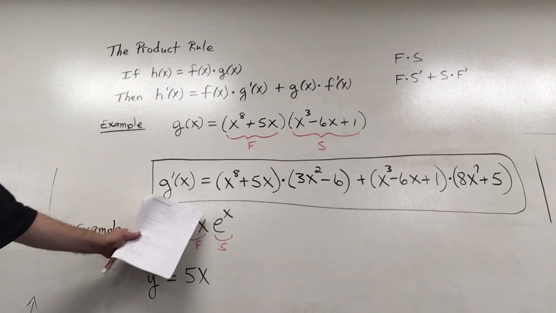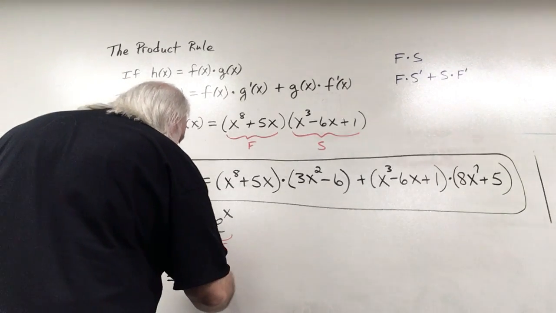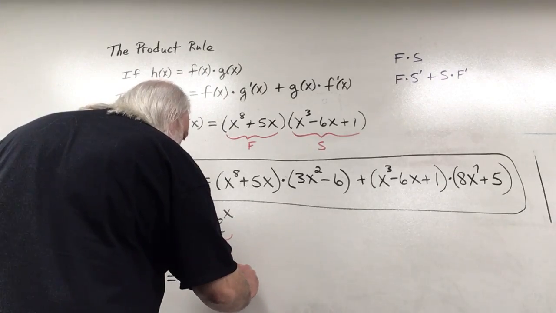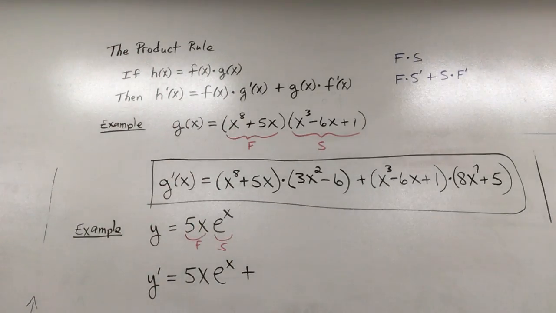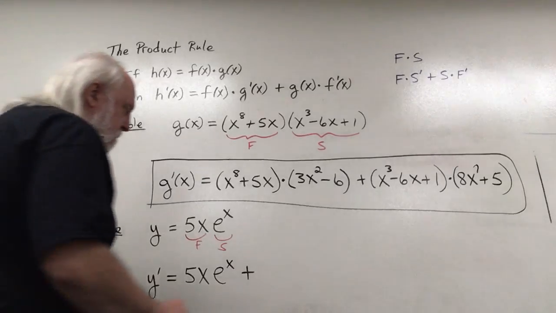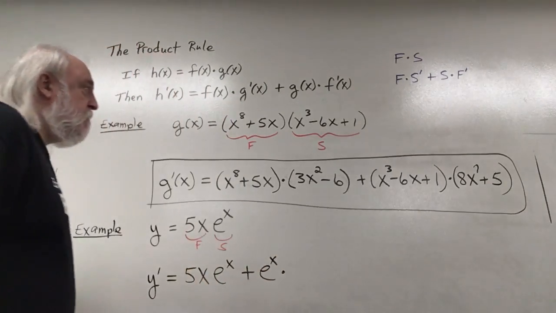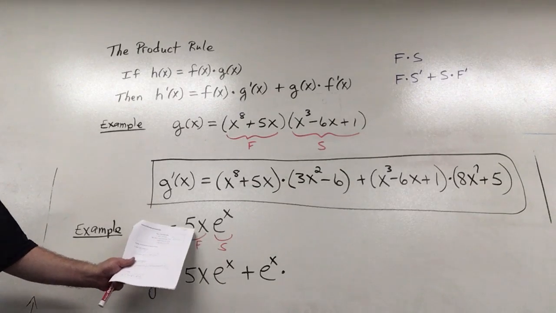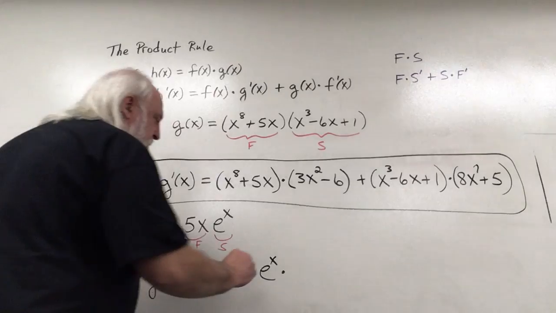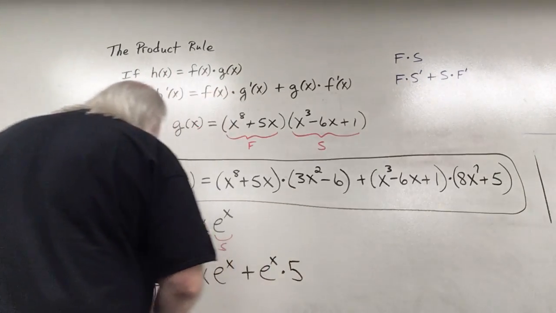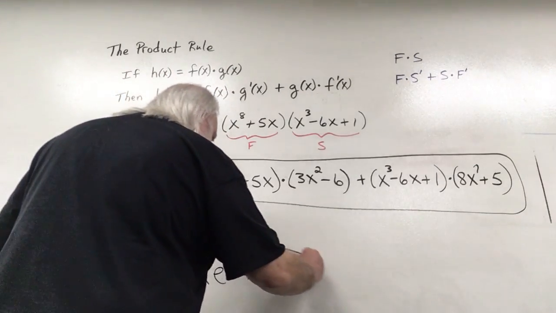What's the derivative of e to the x? E to the x. And then we add to that the second function, e to the x, and we multiply that times the derivative of the first function. And the derivative of 5x, the first function, is 5. And you don't have to simplify.